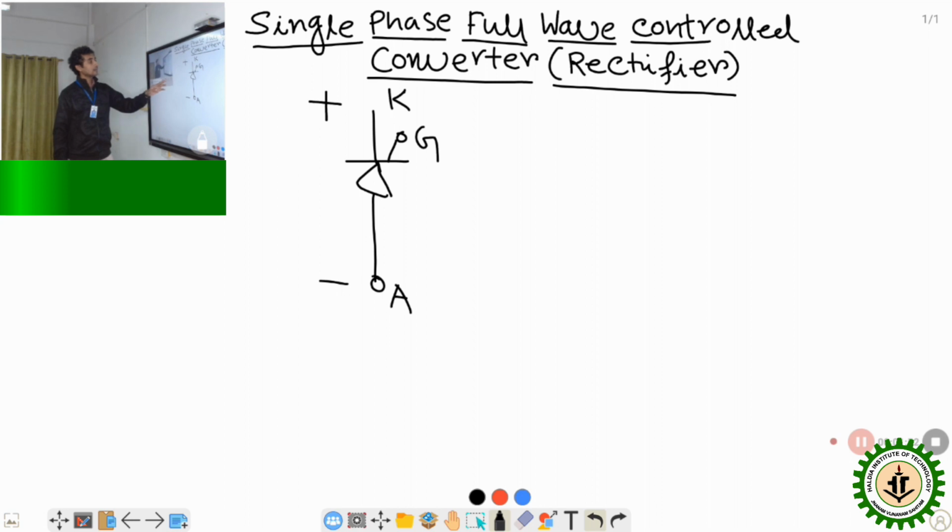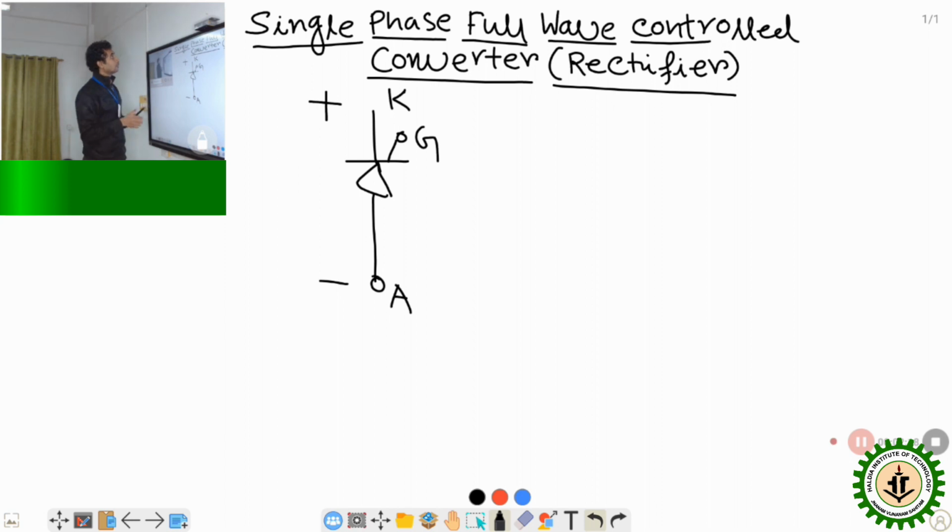In that case it is reverse biased and automatically turns off. So the thyristor is a semi-controlled switch where turn on is in our hand. Whenever it is forward biased, by providing a gate signal, we can turn it on, but turn off is not in our hand. Whenever the thyristor is reverse biased, it is turned off.